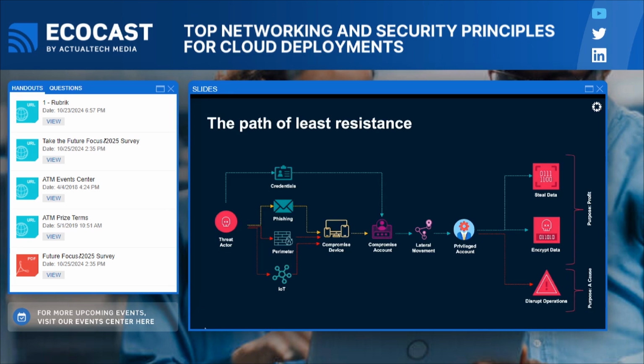Again, if we look at the technical path of least resistance for these threat actors, it's quite clear that instead of going after perimeter controls, or maybe even taking a more esoteric path and going after your IoT devices, it's easier for them to use some sort of phishing campaign. They would still need to some extent compromise the device of that user that clicks on that phishing link.